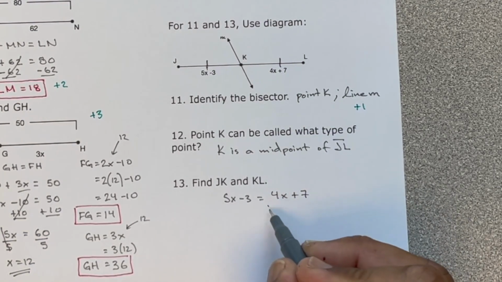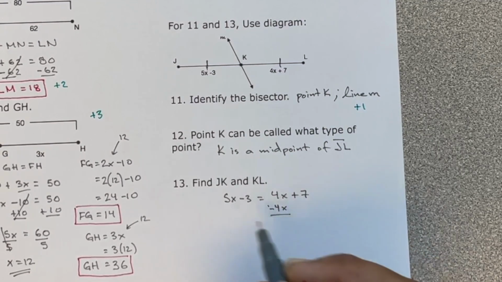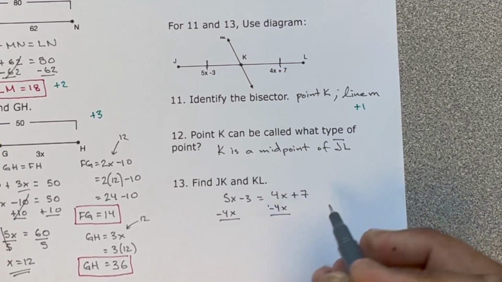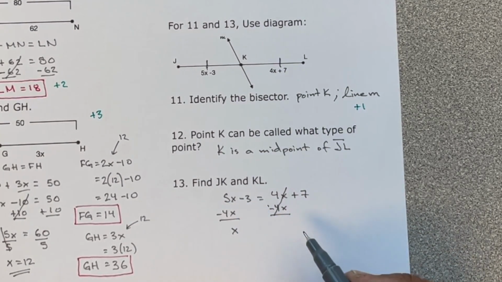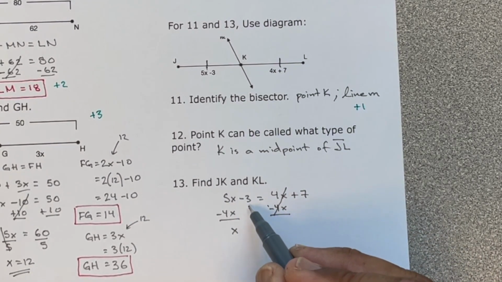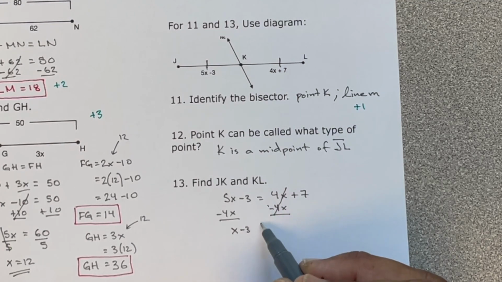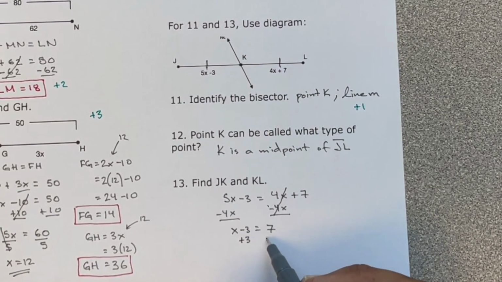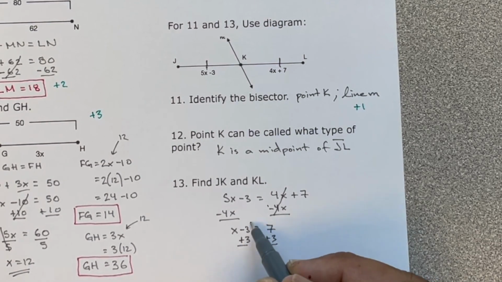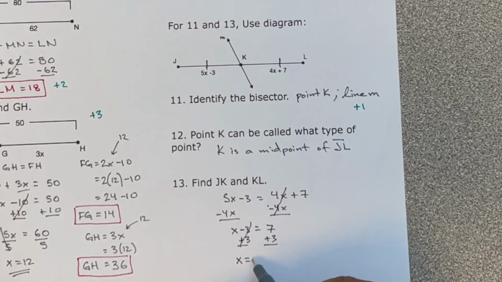I'm going to subtract 4x from this side and bring it to the left. This cancels out. 5x minus 4x is just x. I'm going to bring on down anything I didn't use yet, so there's negative 3 equals 7. You need to get the x by itself, so I need to add 3, the opposite operation to get rid of it. I get x equals 10.